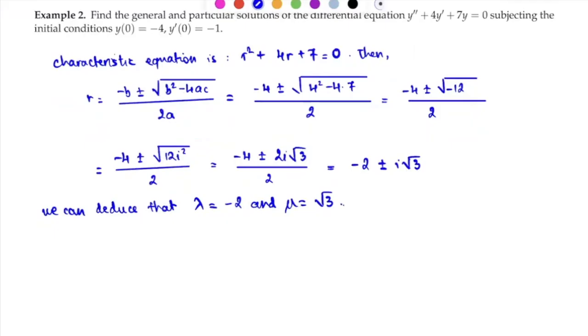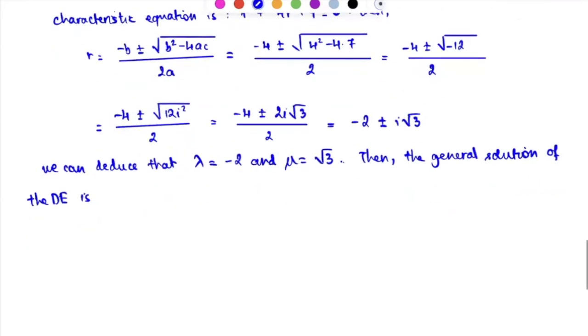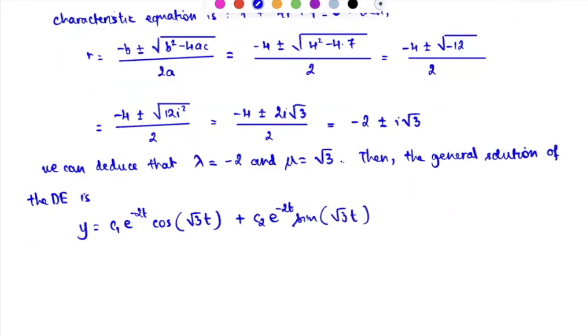Then the general solution of the differential equation is y equal to c1 times e to the negative 2t times cosine of square root of 3 times t plus c2 times e to the negative 2t times sine of square root of 3 times t. Okay. Now that's the general solution.